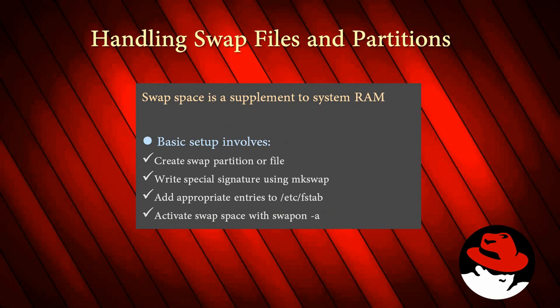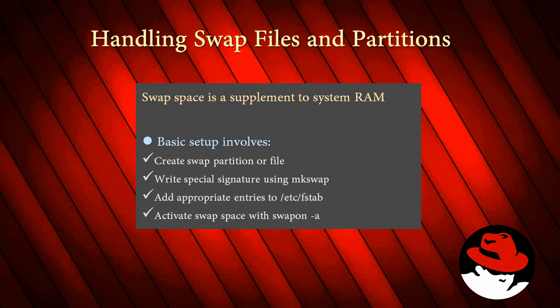Then there comes the handling of swap files and partitions. The swap space is a supplement to system RAM. It is very vital. You should create swap partitions with a considerable amount of space. It is used as a supplement to system RAM when your RAM size is not enough for a particular computation.